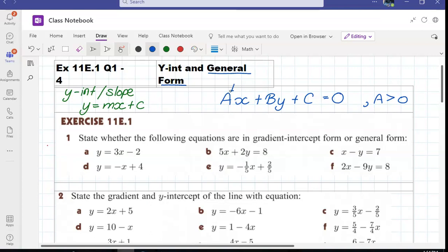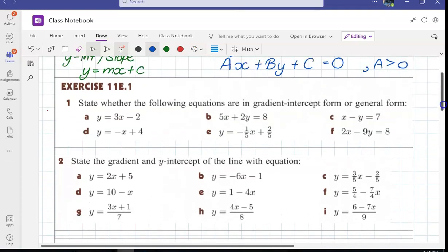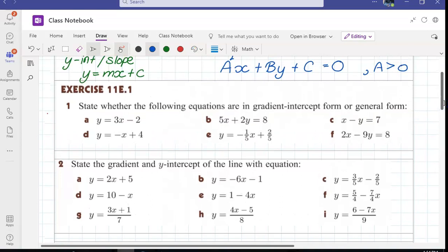So no panicking. I do not believe that you need to write any of this down for question 1. It says, state whether the following equations are in intercept form or general form. Does it look like this, the intercept form?